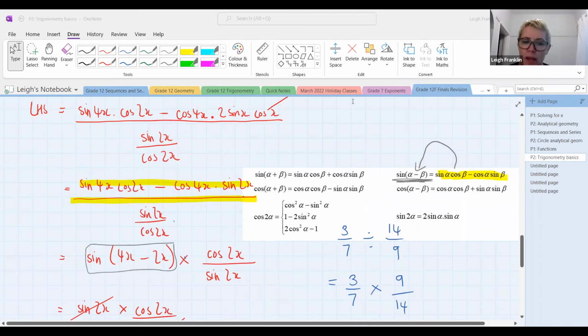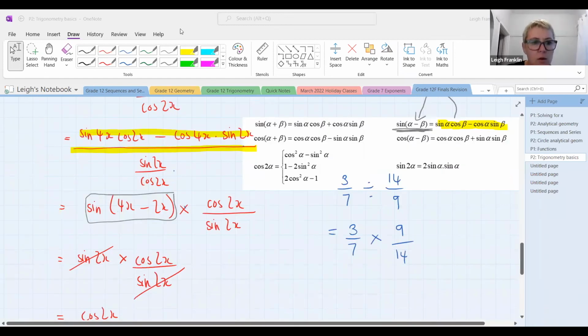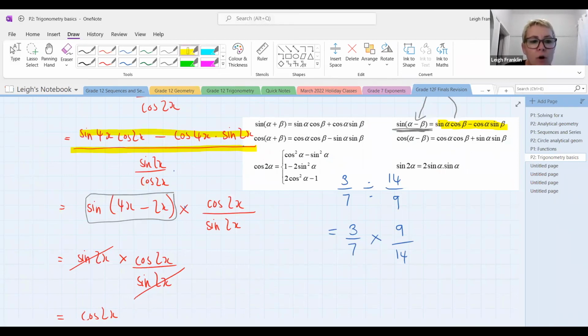Now we have sine 2x times cos 2x over sine 2x, but where did the 4x go? Okay, so here, these are like terms, Ntebogang. 4x minus 2x is 2x. Oh, okay, it's like terms. Thank you. No problem at all. Yes, so we subtracted. Quite right, Cleopatra.